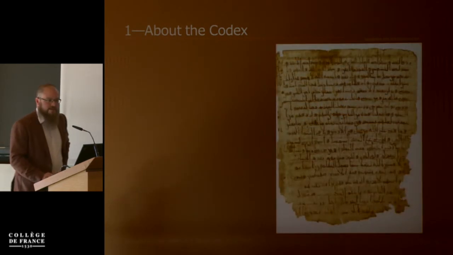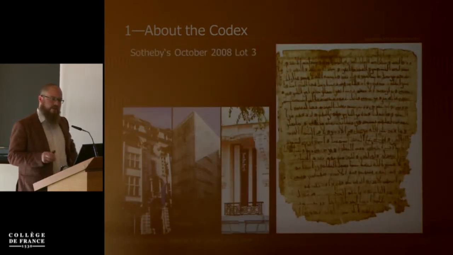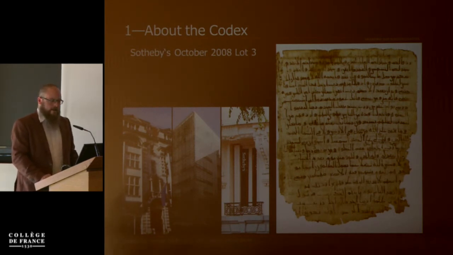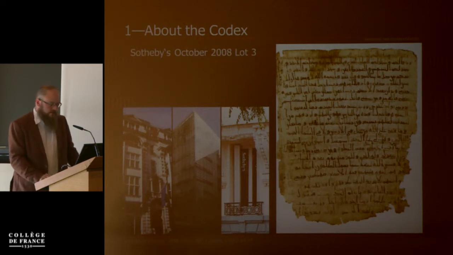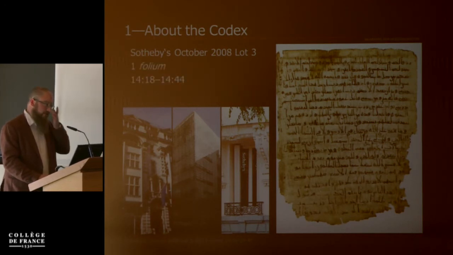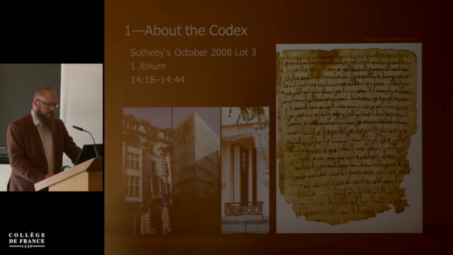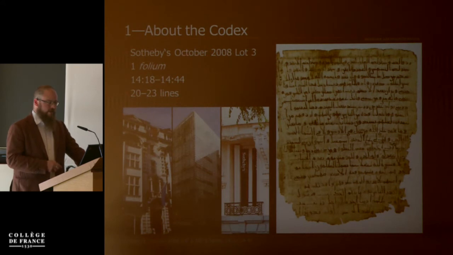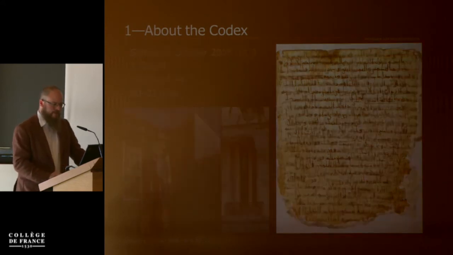A little bit different is this volume, which I still have separately in this list, because in 2008 it was made public via Sotheby's auction. So I could include it in 2012 for my thesis. It's just one volume, a little bit earlier than the Roxburgh fragment. It has 20 and 23 lines, but has a very special line. I will go back to that later.